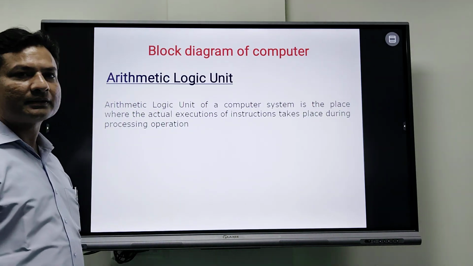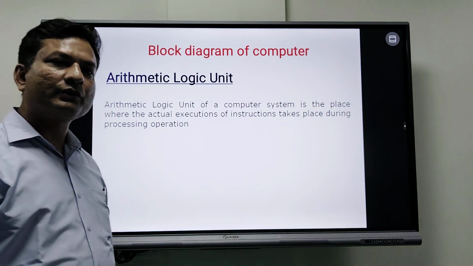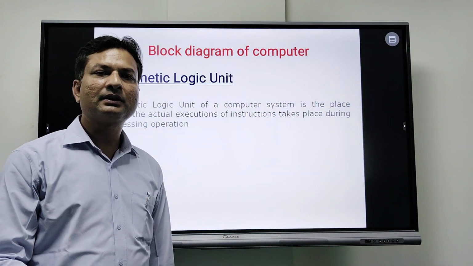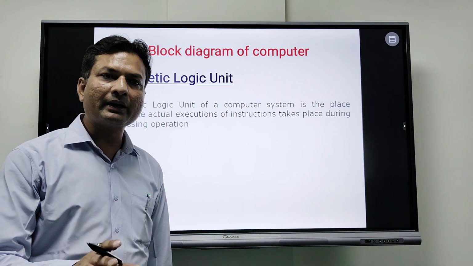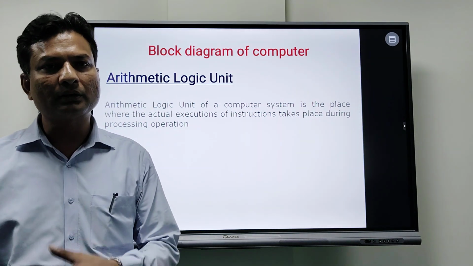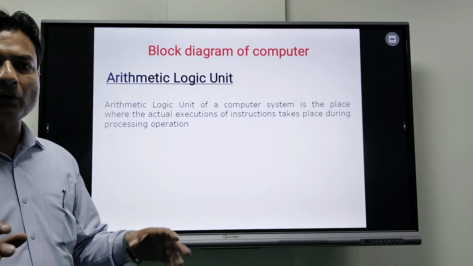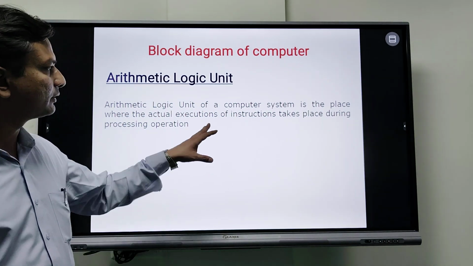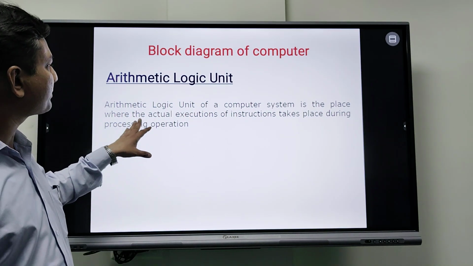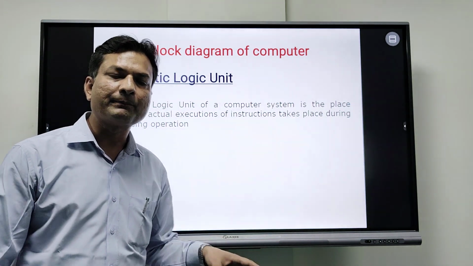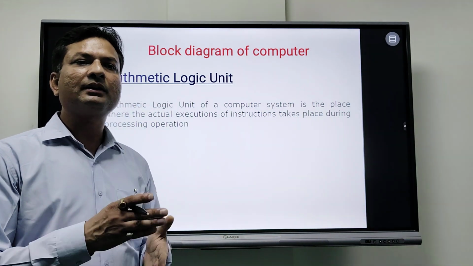As we can see here, the arithmetic logic unit is used to perform all the operations that are required to produce some useful result. So the arithmetic logic unit performs all the processing of the computer system. The various operations performed by a computer system, as we have already discussed earlier, are arithmetic operations and logical operations.